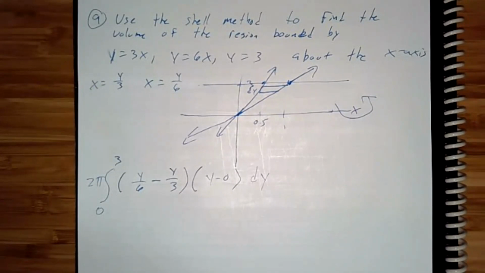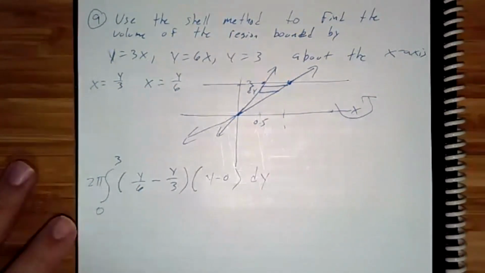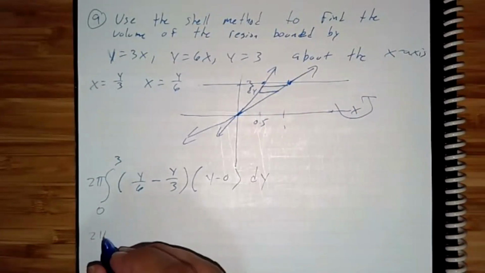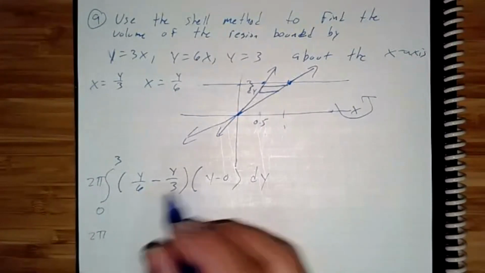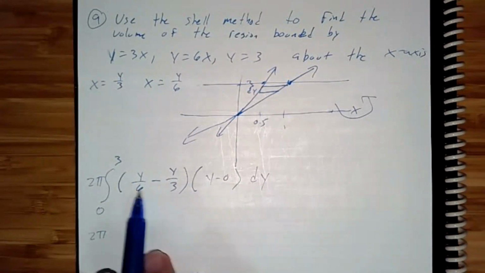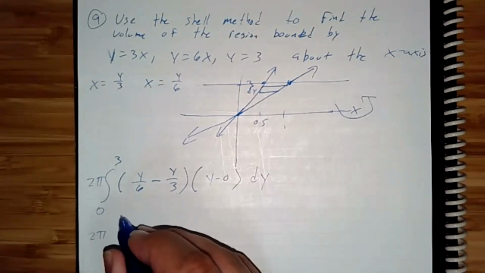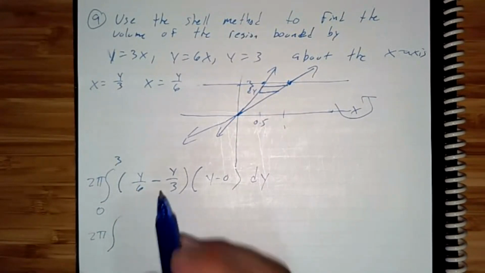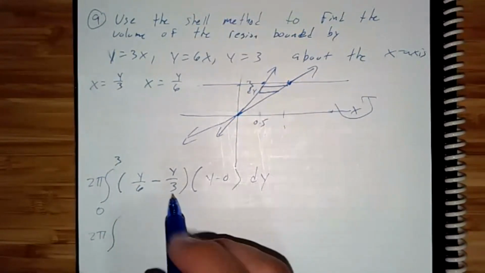Okay. So at this point, we just multiply and integrate. That's the hard part, right? Setting it up. Any questions on this? No. All right, let's integrate then. Well, I guess let's add this all together first. y over 6 minus y over 3, that's going to be negative y over 6.